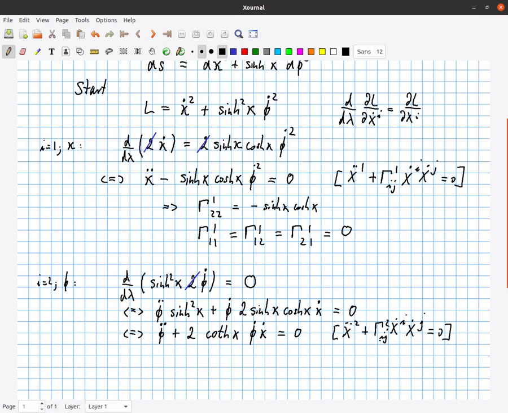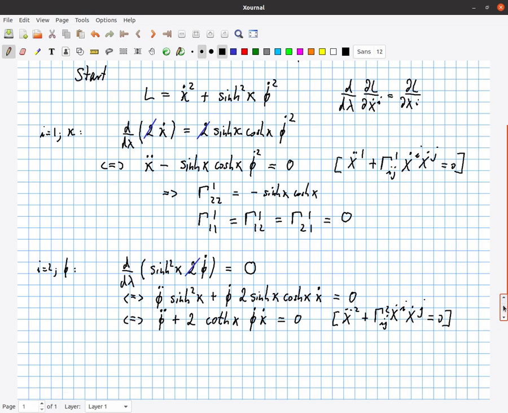These are the mixed components, so this corresponds to the index values i equals 1 and j equals 2, or i equals 2 and j equals 1. Remember that the mixed components are counted twice because this is an honest sum over all index combinations, which means the only non-vanishing component is 2 1 2, which is cotangent hyperbolic kappa, while the other components are all 0. 2 1 1 equals 2 2 2 equals 0.